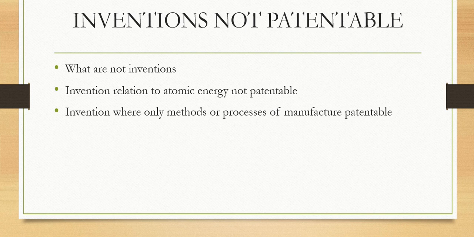Such things are not considered. Plants and animals in whole or any part thereof other than microorganisms, but including seeds, varieties and species, and essentially biological processes for production or propagation of plants and animals. Then a mathematical or business method or a computer program per se or algorithms are not accepted.